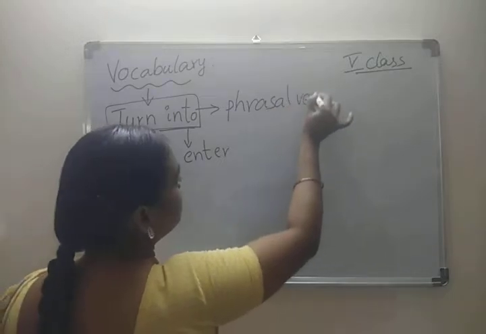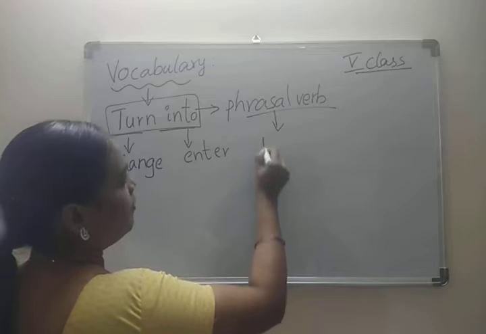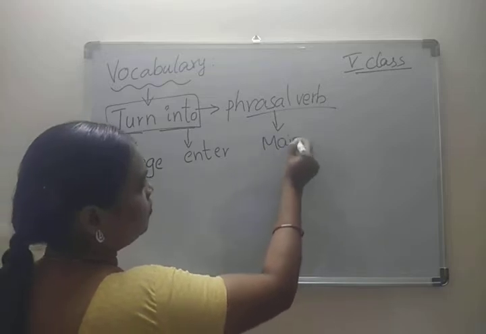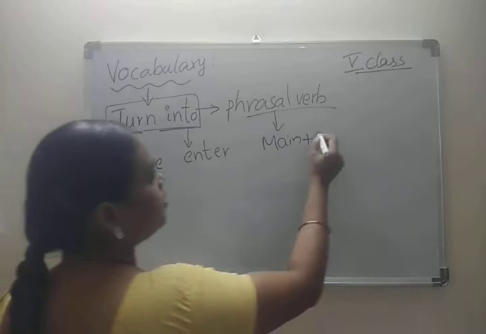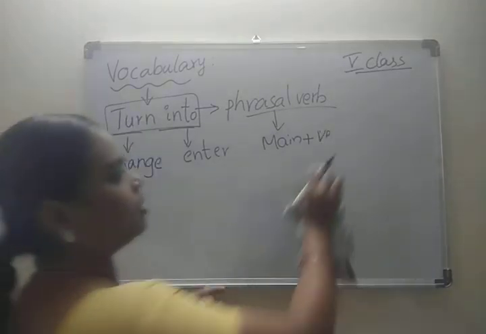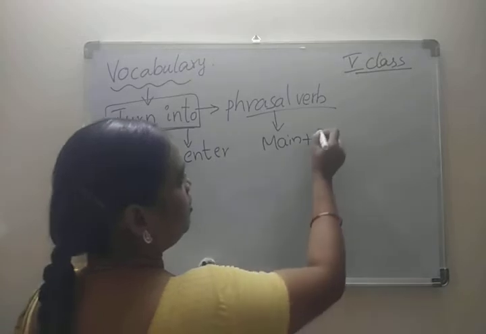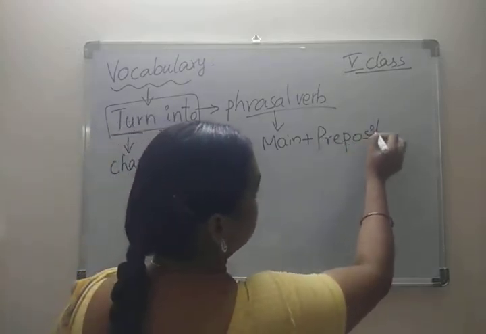What is meant by phrasal verb? A phrasal verb has one main verb plus a preposition. A preposition is a helping word, a small word. I'll give one more example, then you can understand.